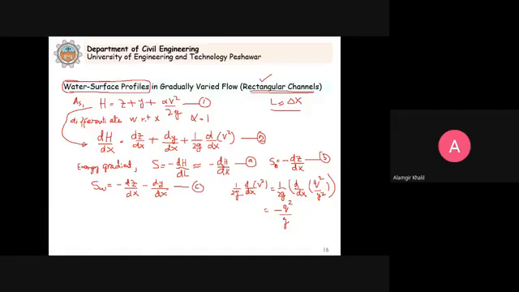The y square goes up, and taking the derivative gives 1 divided by y cube. And because it is with respect to x, again we have dy by dx. You will get this term. I have simplified this last term of equation number 2.